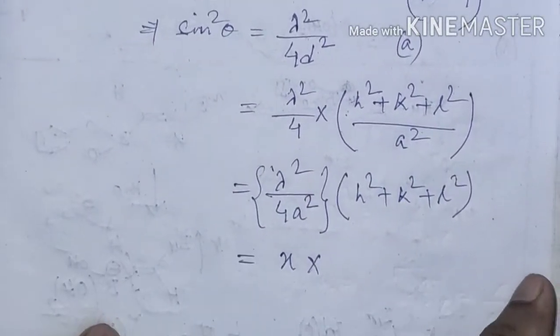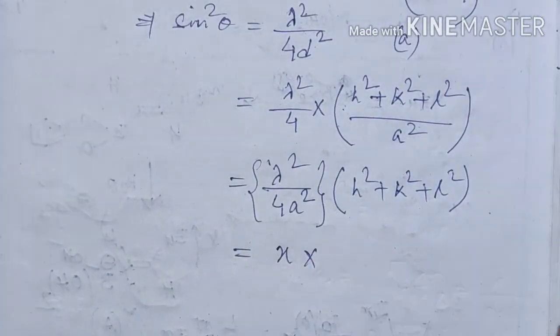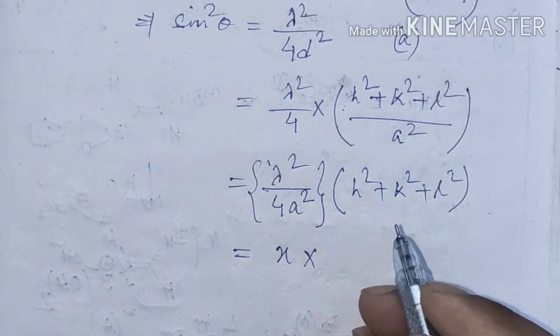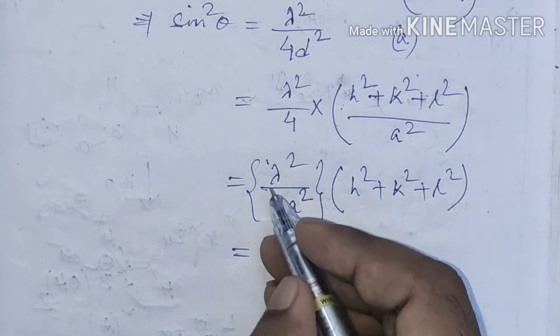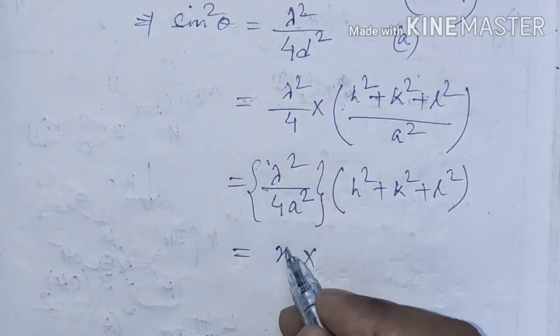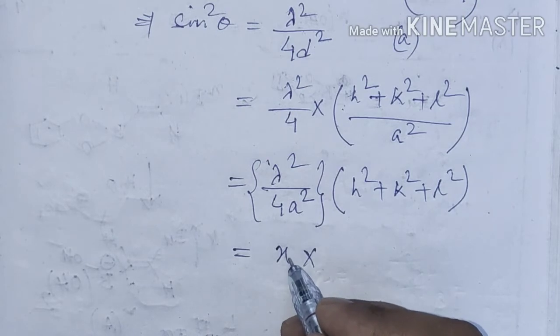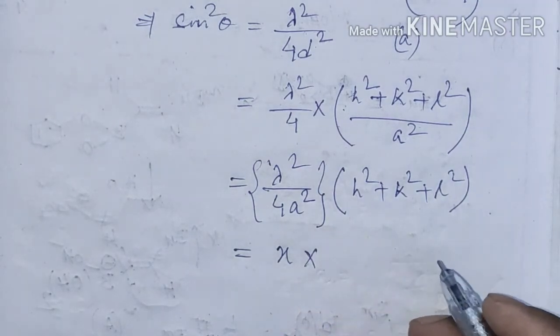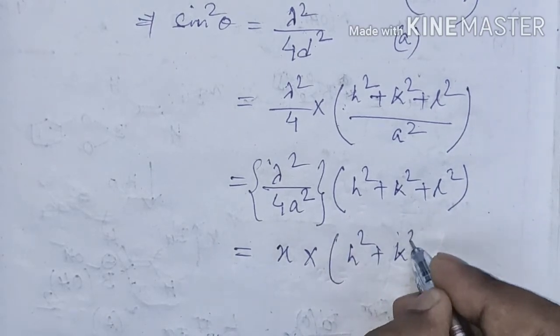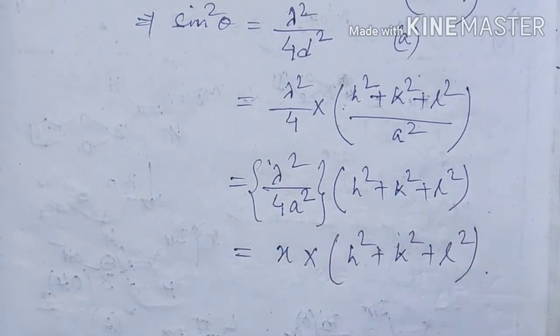Since lambda is fixed, it is 1.54 Angstrom as given, and a is fixed for a given crystal, this term is a constant, and in place of this constant we can write x. It will help us to solve this problem, and I am writing this h k l as it is.